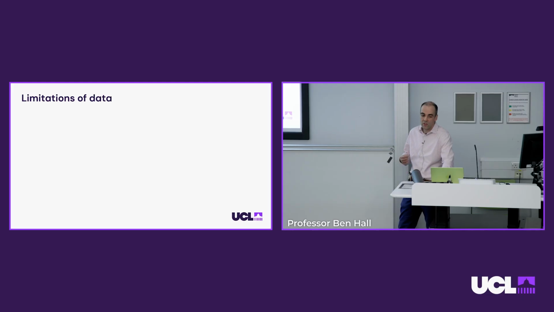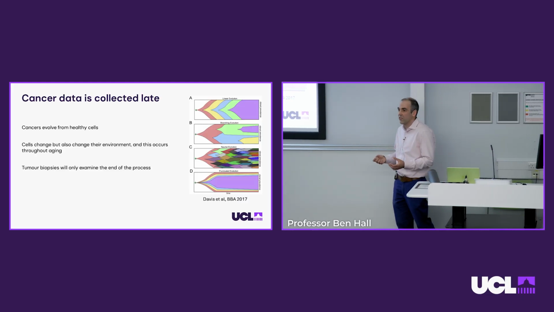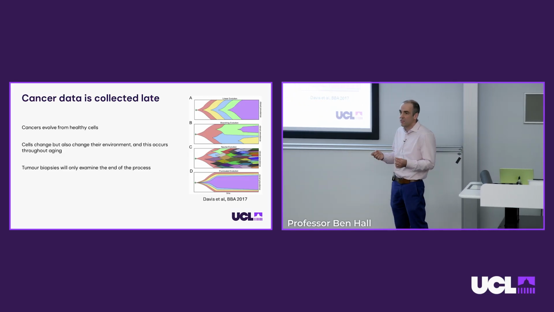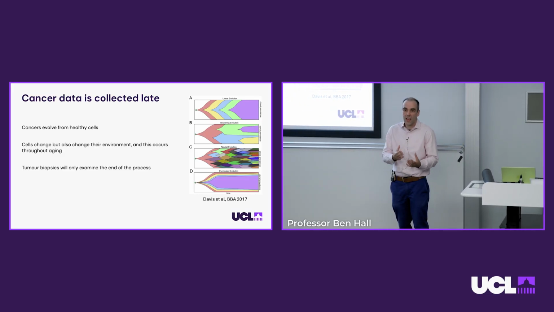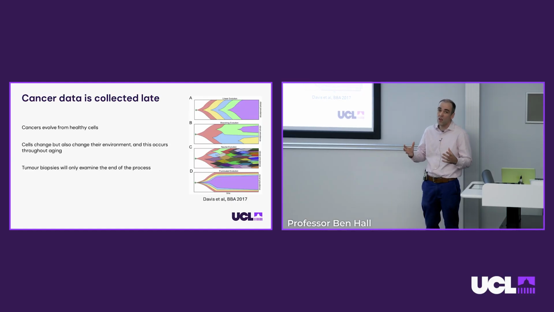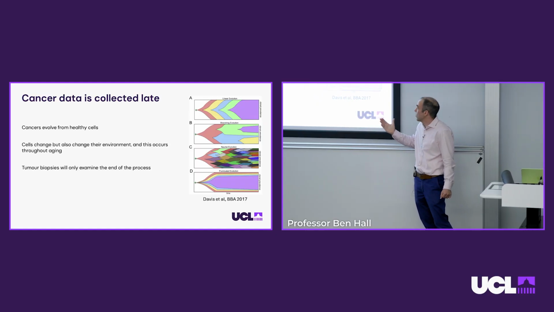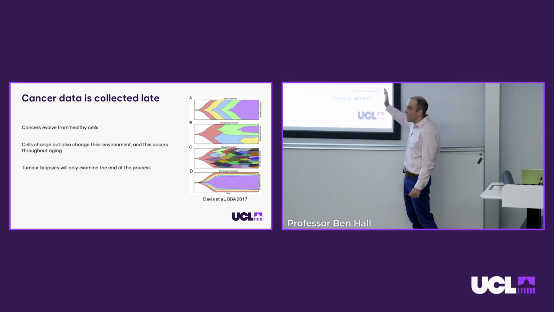So starting off with the limitations of data, well, one source of bias in cancer data is that cancer data, tumor data, is inherently collected late. As I've mentioned already, cancers evolve from healthy cells. When we collect data from a tumor, from an individual, we are collecting it late in that evolutionary trajectory.